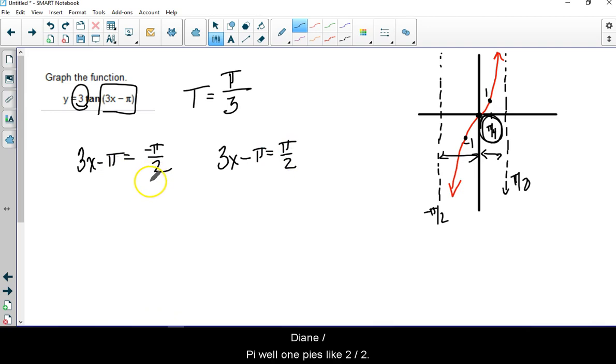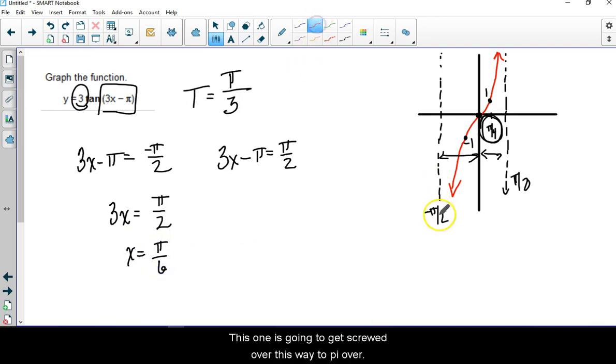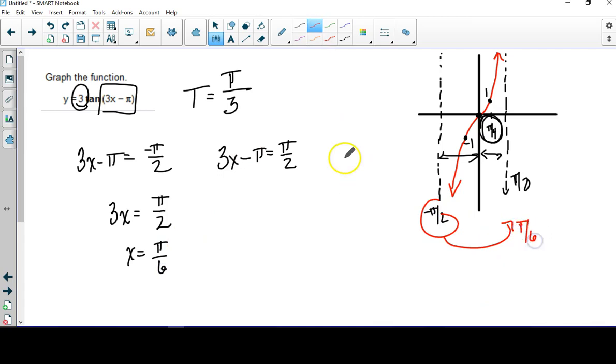If I add over pi, well, 1 pi is like 2 pi over 2. I would have 2 pi over 2 plus a negative pi over 2. That's going to leave me with a positive pi over 2. And when I multiply by a third, I get pi over 6. So this one is going to get scooted over this way to pi over 6.